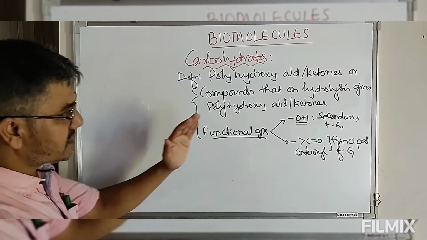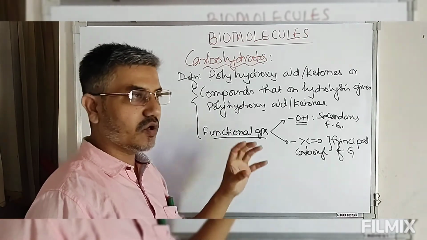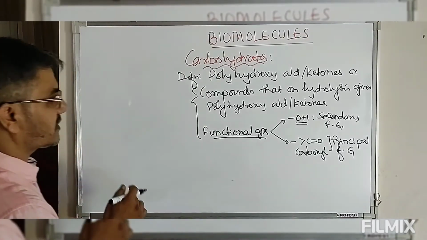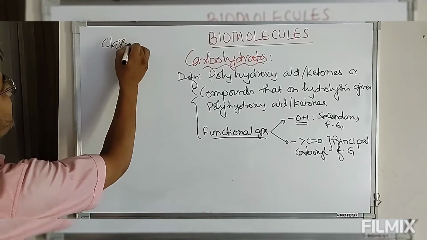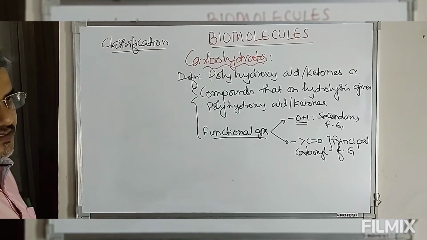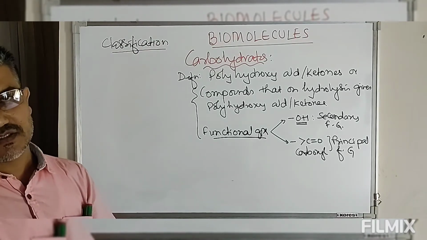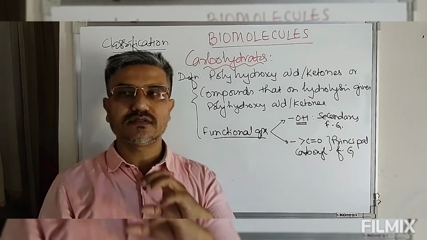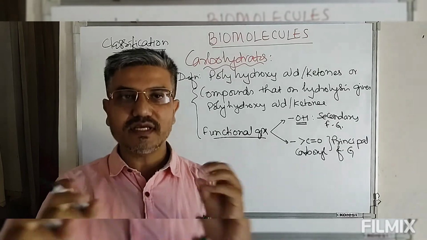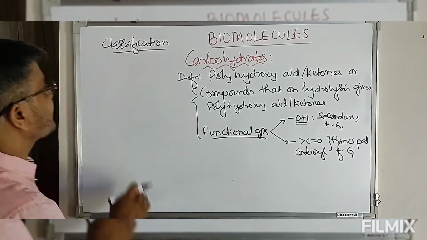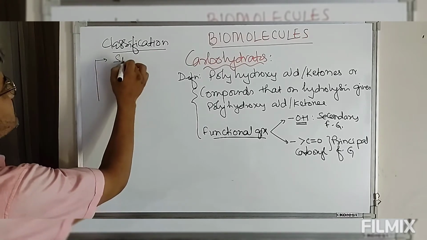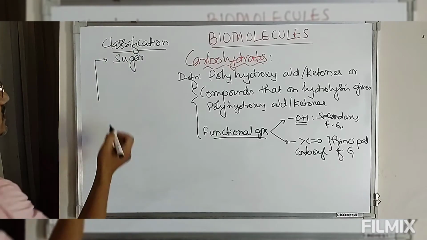Now once we have this definition of carbohydrates, the next step is to classify these carbohydrates. All sorts of substances known as carbohydrates are broadly classified into two categories. One is known as sugars, the other one is known as non-sugars.